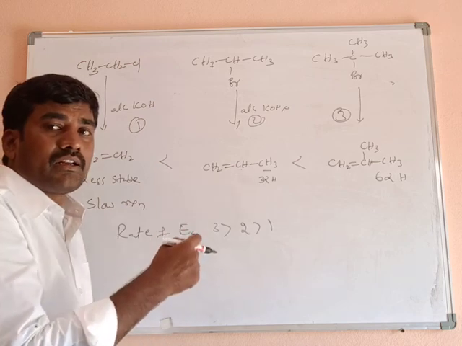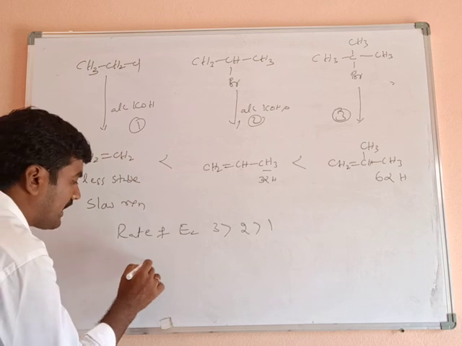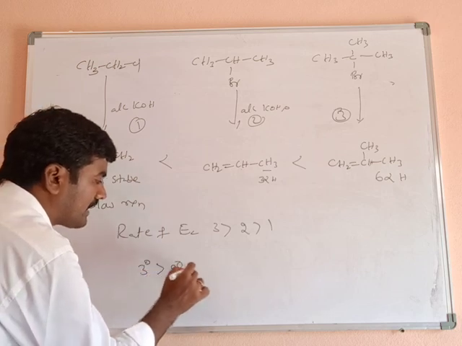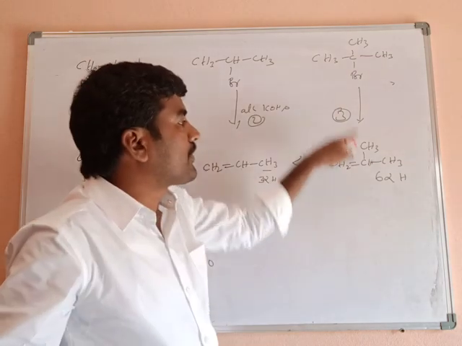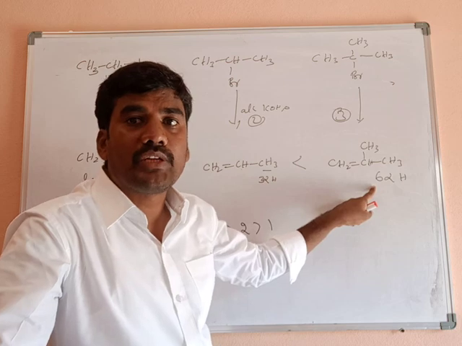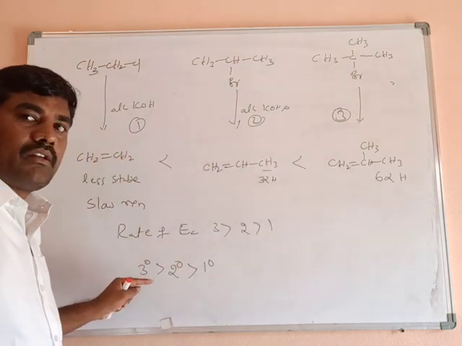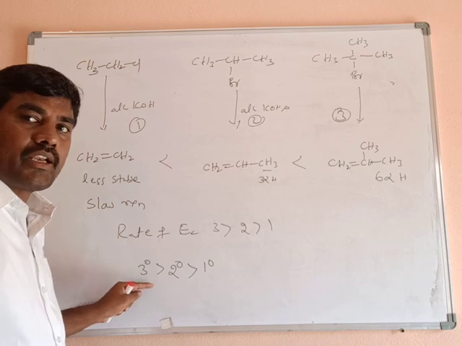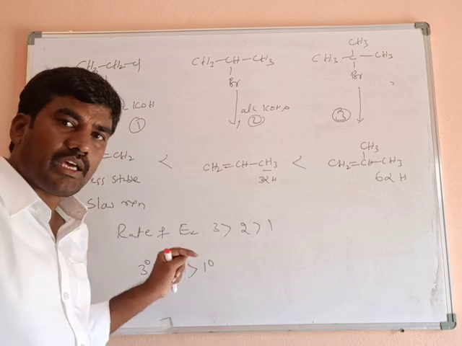So the dehydrohalogenation rate is tertiary alkyl halide greater than secondary alkyl halide greater than primary alkyl halide. Tertiary alkyl halides can produce alkenes with 6 alpha hydrogens, which means the alkene is more stable. So the rate of E2 depends on the nature of the carbon atom: tertiary alkyl halides greater than secondary alkyl halides greater than primary alkyl halides. Clear?